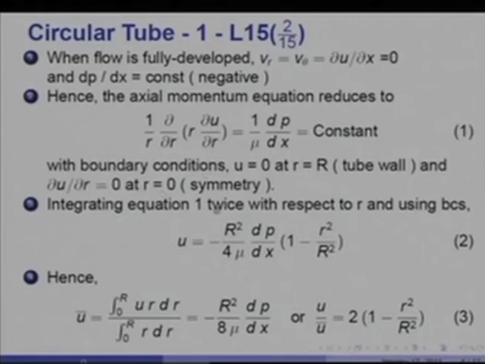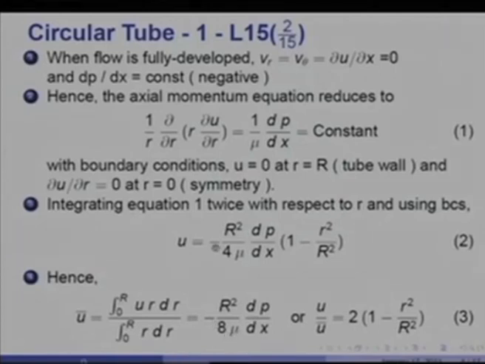Integrating this equation twice with respect to r, and using these two boundary conditions to evaluate two constants of integration will give you u equal to minus R squared by 4 mu dP by dx into 1 minus r squared by R squared. Hence, evaluating the mean velocity as integral 0 to R of u r dr divided by integral 0 to R of r dr gives you u bar equal to minus R square by 8 mu dP by dx.